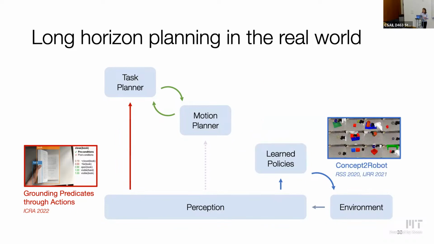And so for that, we really looked at using this data set that is annotated with language as a way to learn policies for many different tasks, by having the robot basically watch YouTube videos, if you want.